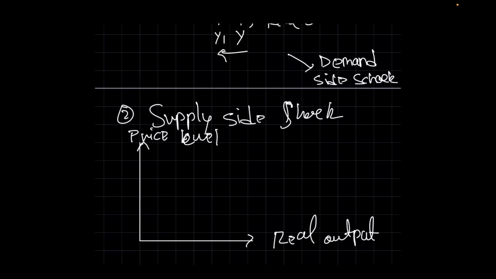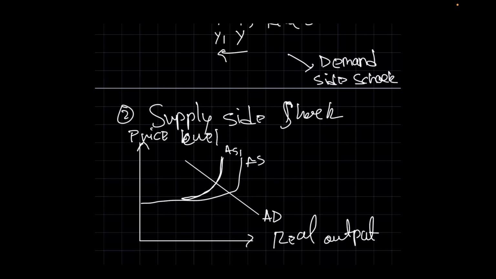Then let's again draw the Keynesian model for aggregate supply and label it AS, and this one AS1. And let's have one demand curve that flows through both of them. So that is your AD.